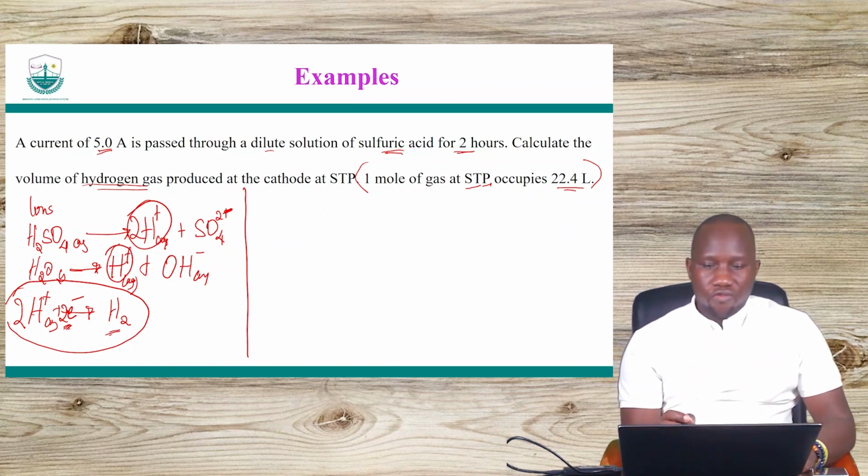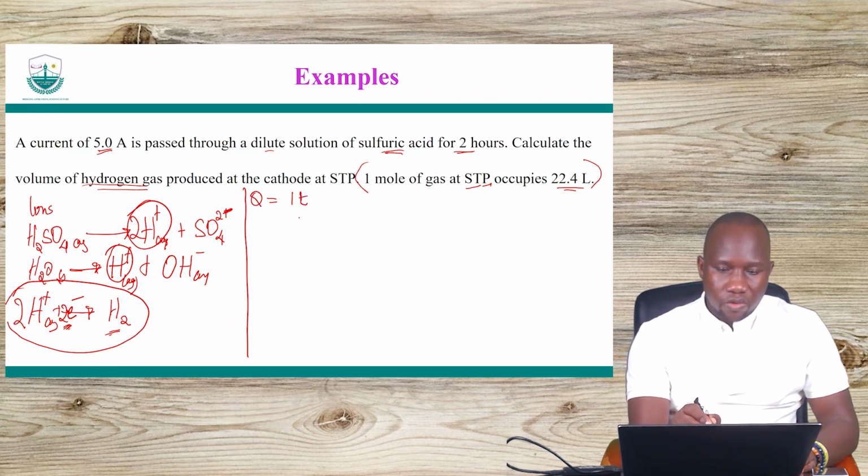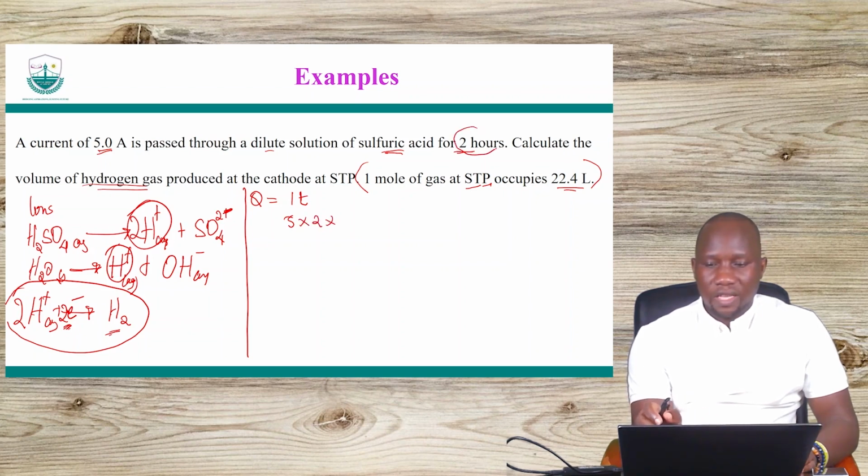So let's move forward. Now, what do we need to do? We calculate the amount of electricity as usual, I times T. So you have 5 times 2. These 2 hours have to be converted into seconds, so you have 60 minutes in 1 hour times 60, for us to have that time.